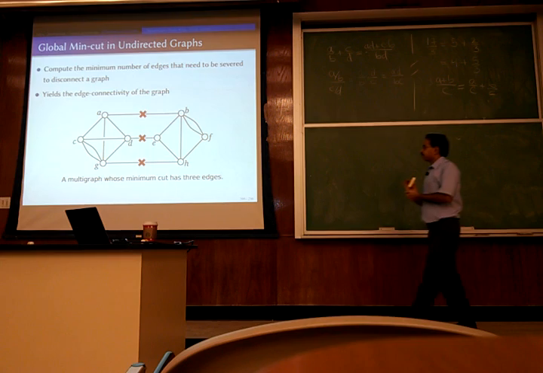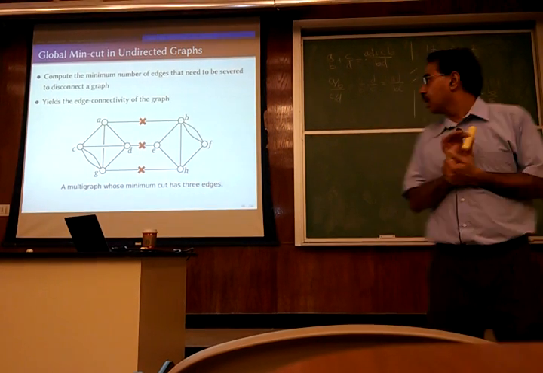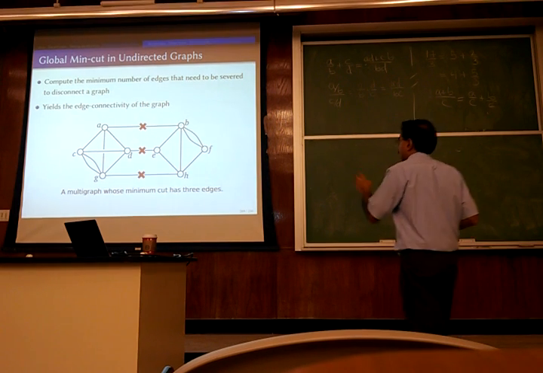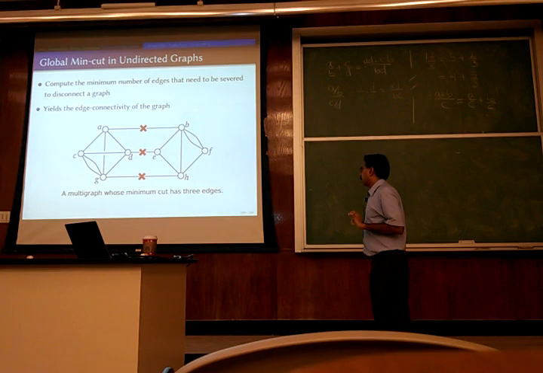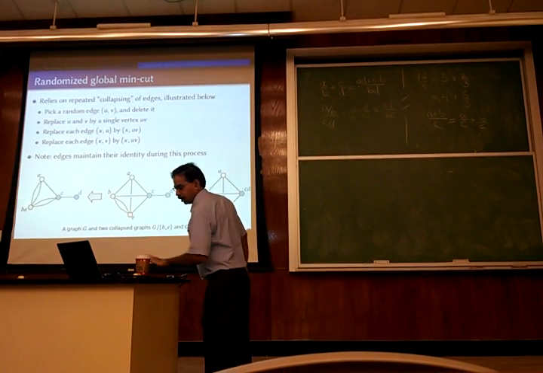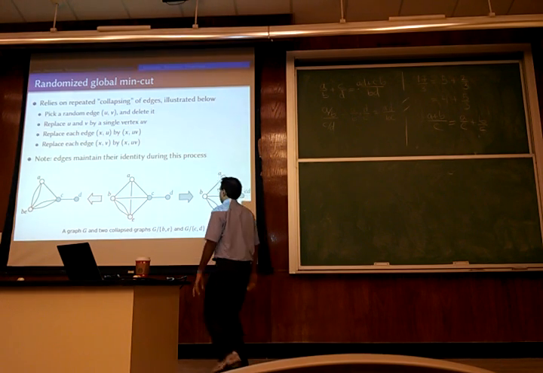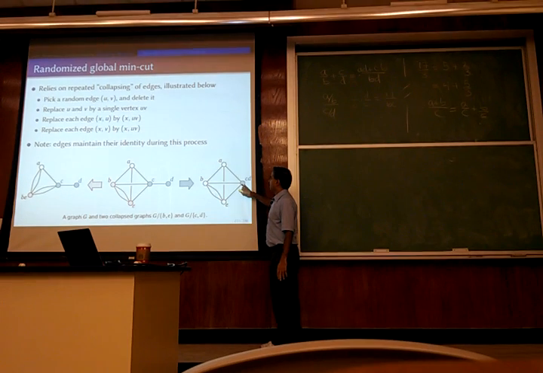Okay, so remember what we are doing. We are applying this squishing operation, right? So merging vertices. For instance, we took this, and if we merge these two vertices, then we end up with this.